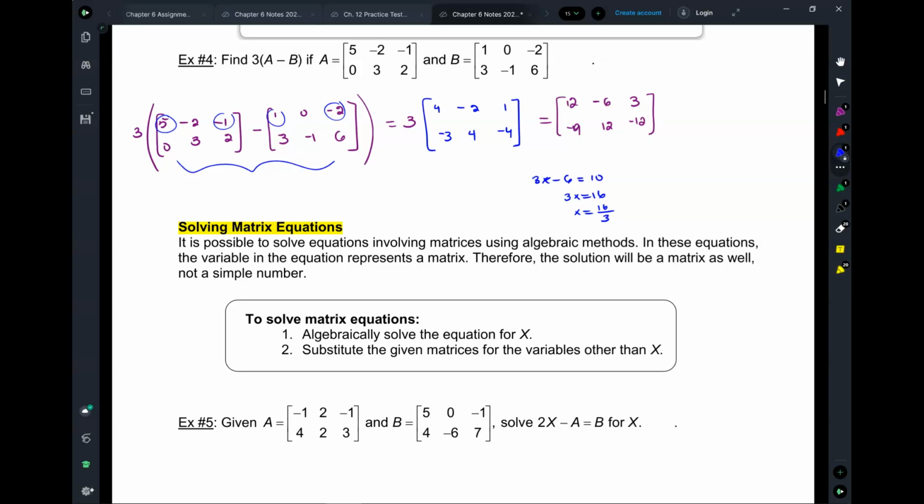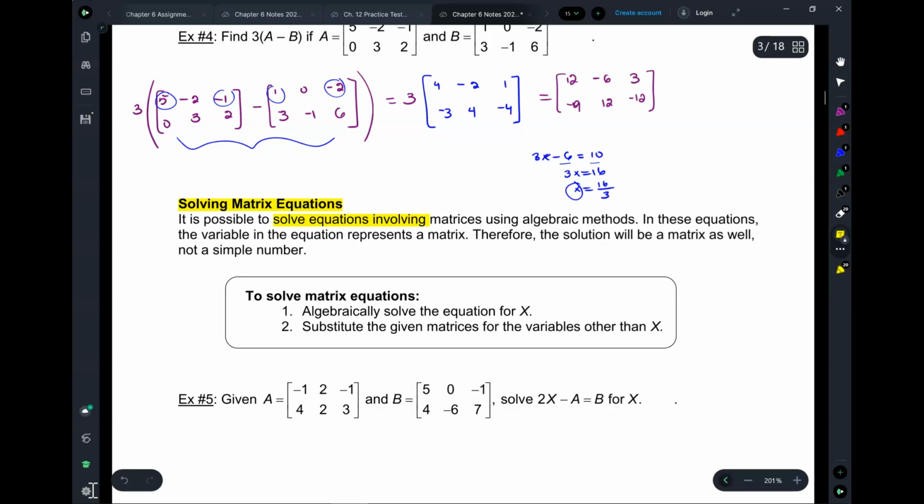When you solve for x, you also get another real number. Now, we can have a similar equation, but instead of x being a real number, it's a matrix. And all of these other players are also matrices.